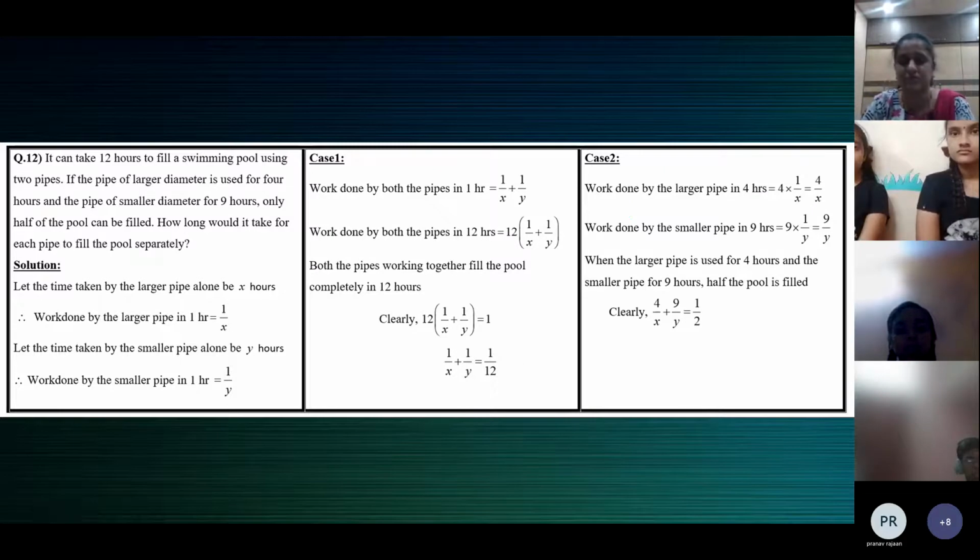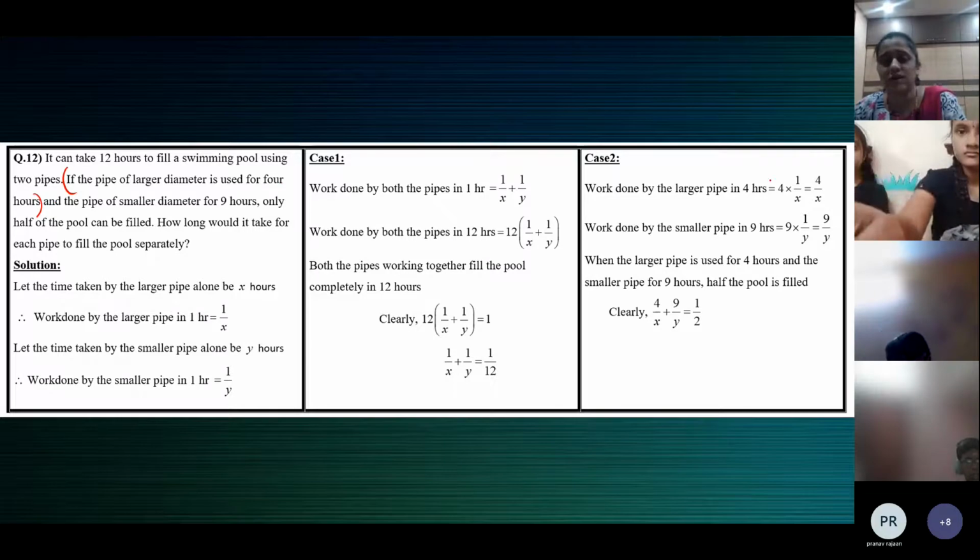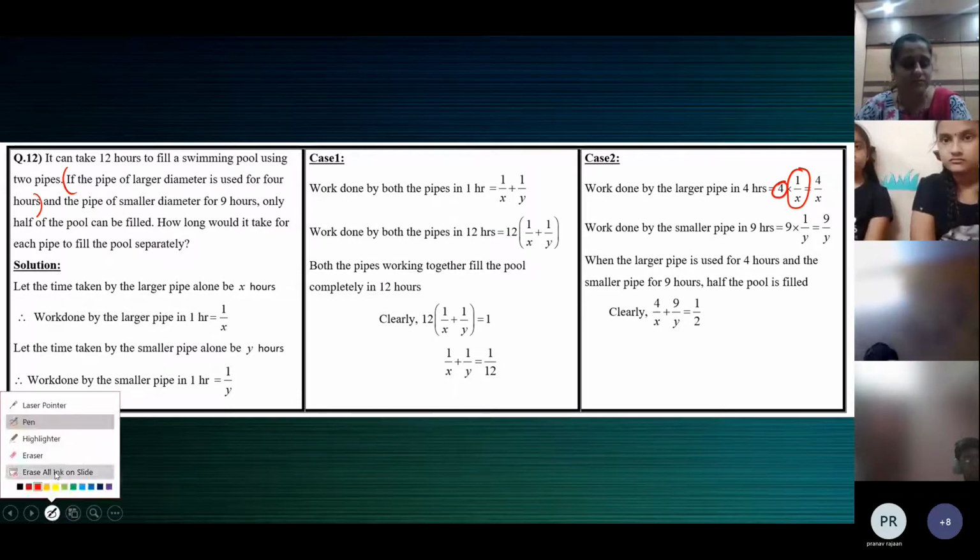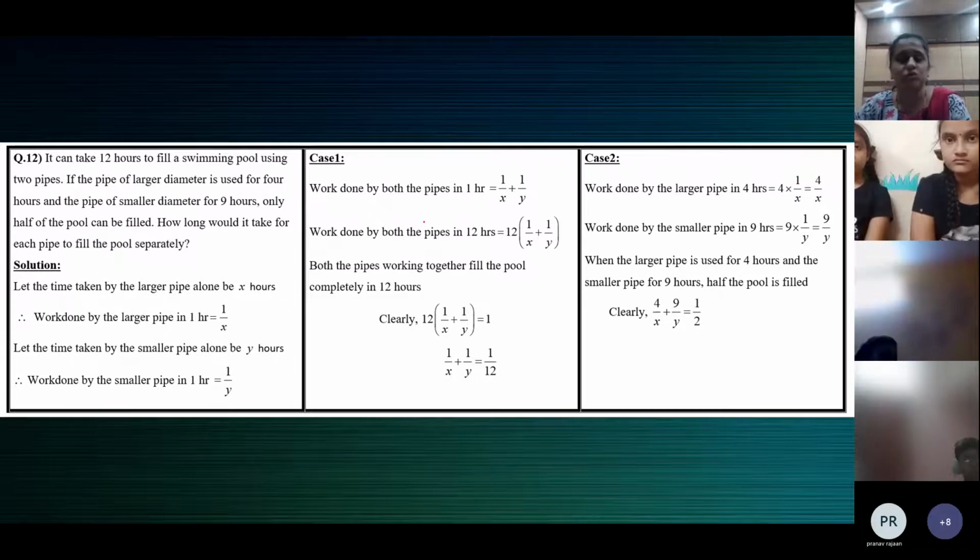because it's a part of this material also, this PPT. Now the second information: the pipe of the larger diameter is used for 4 hours. If you use it for 1 hour, 1 by x of the tank is filled. So if you use it for 4 hours, 4 into 1 by x, 4 by x. If you use the larger pipe for 1 hour, 1 by x of the pool is filled.